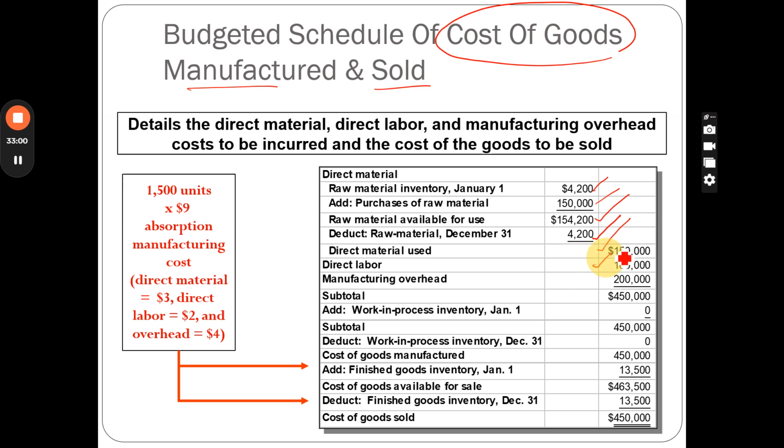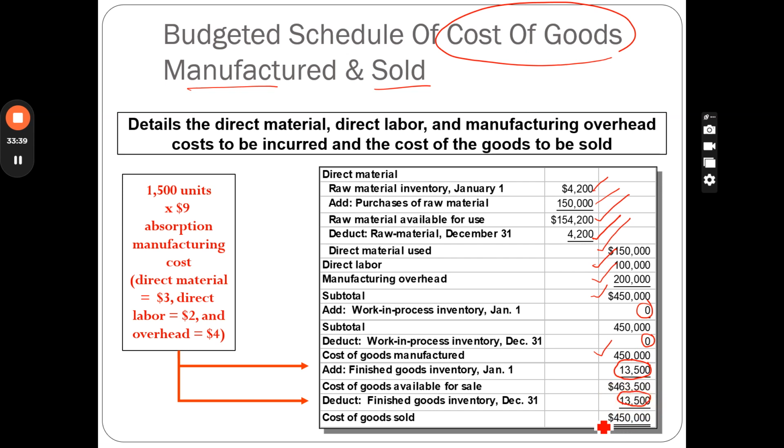Then we will have the cost of direct labor and also manufacturing overhead, and you will get the total manufacturing cost, right? And you will adjust the opening work in process and closing work in process. In this example, it is 0. Then you will get the cost of goods manufactured. And cost of goods manufactured, you will adjust for opening finished goods and closing finished goods.